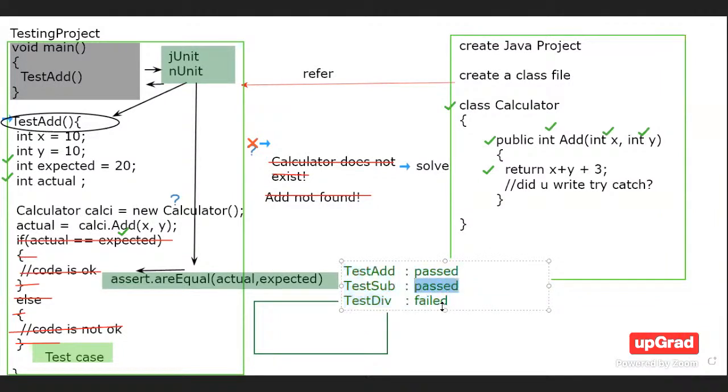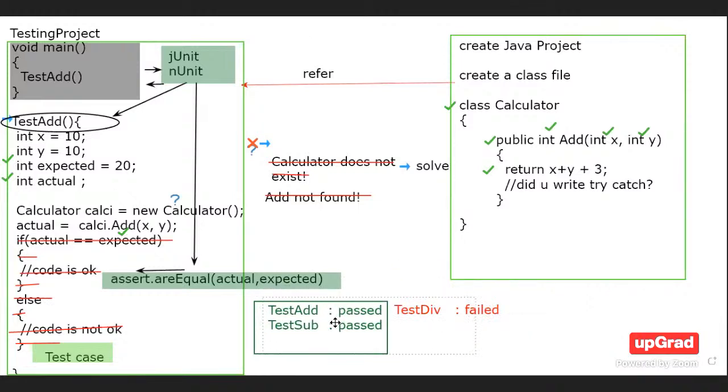I'll put it like this. Meanwhile, I'll cut it from here, and maybe put it over here with some different presentation. Let's say this is the one we're talking about. So the point is, frameworks like NUnit and JUnit ultimately present results in this manner.